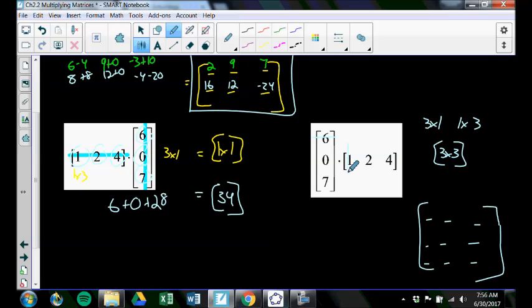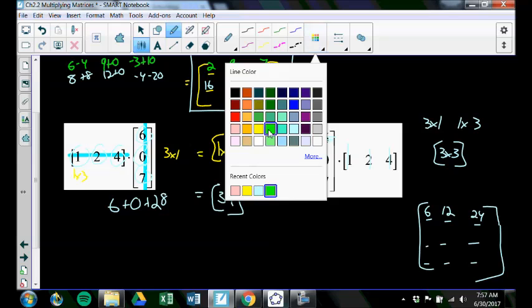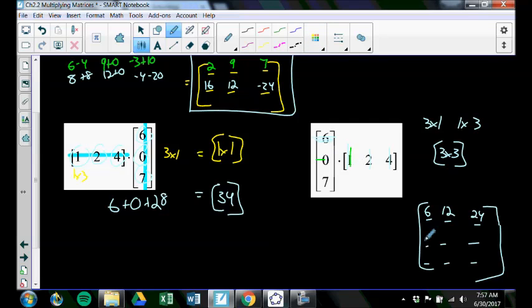Row, column, 6, row, column, 12, row, column, 24. I know that feels weird, like there's not really rows and there's not really columns, but we have to still think of it like there's rows and columns. Row, column, 0, row, column, 0, row, column, 0.